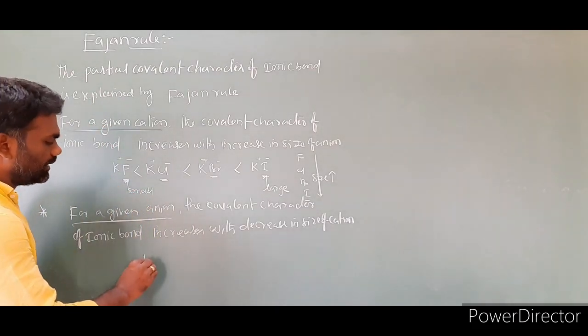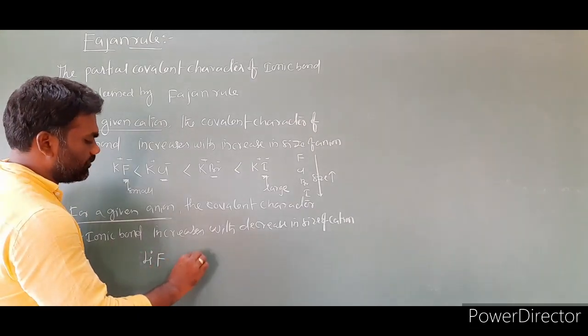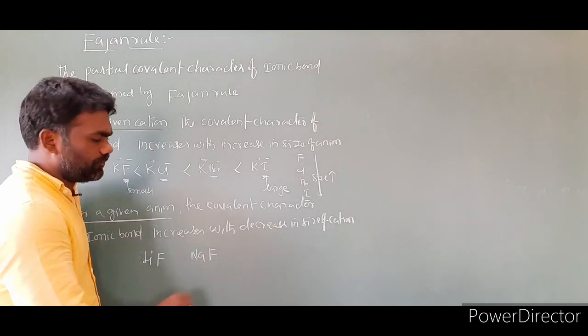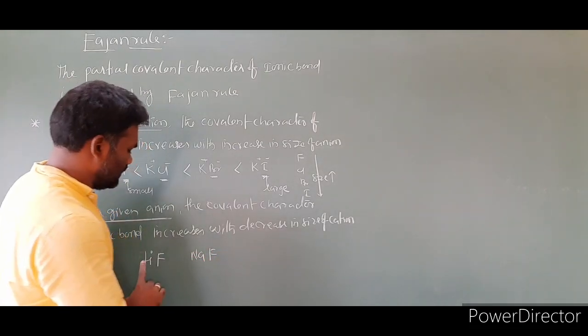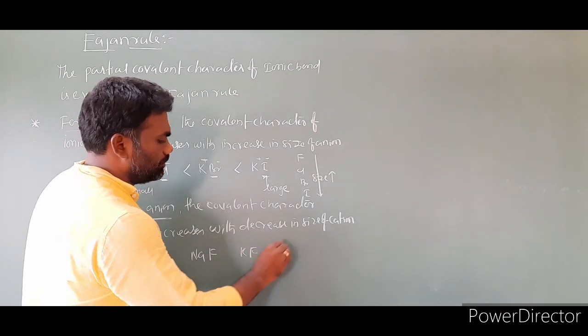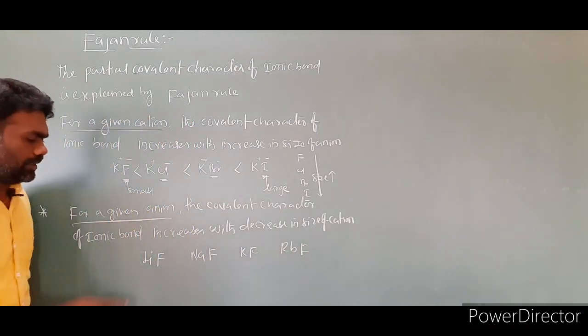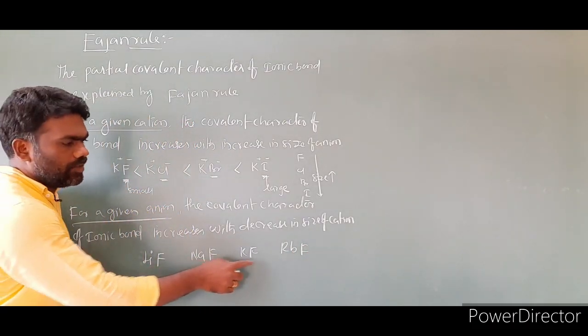I am taking LiF first, then NaF, then KF, and RbF. Lithium, sodium, potassium, rubidium. These are the compounds I took: LiF, NaF, KF and RbF.